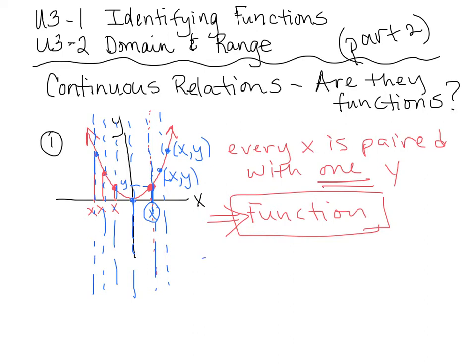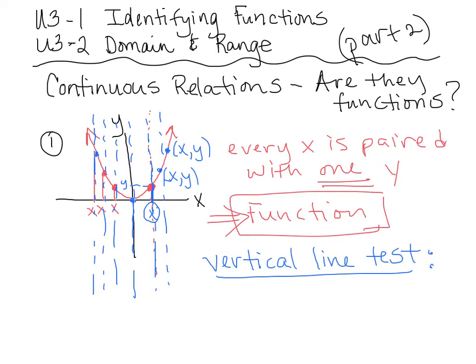So the vertical line test is a common name for testing whether these graphs are functions or not. You check to see if a vertical line would touch more than one point at a time. And if it does, it's not a function, but if it only touches one point at a time, it's a function.